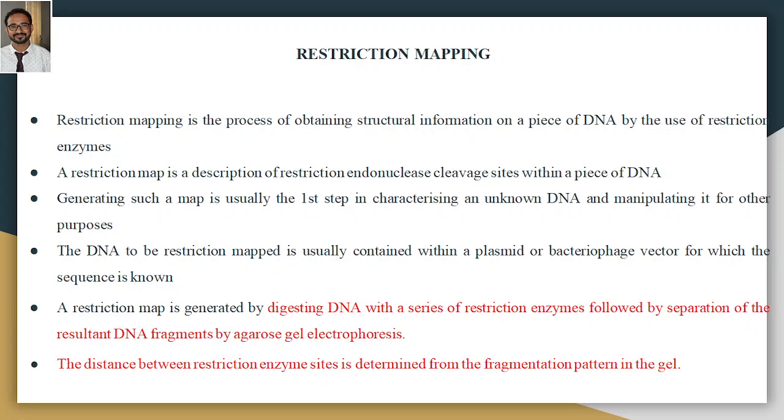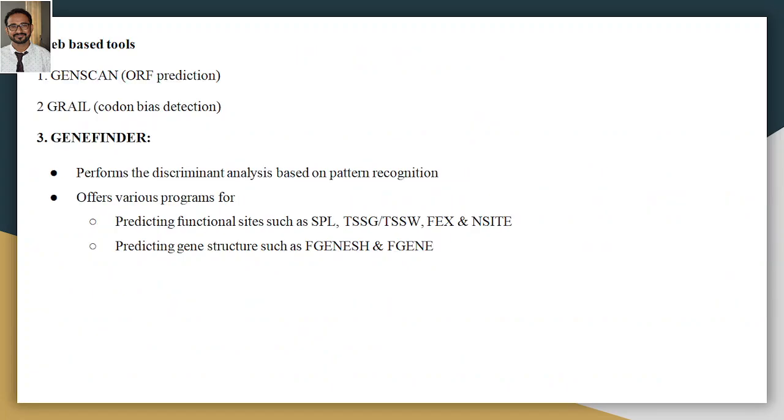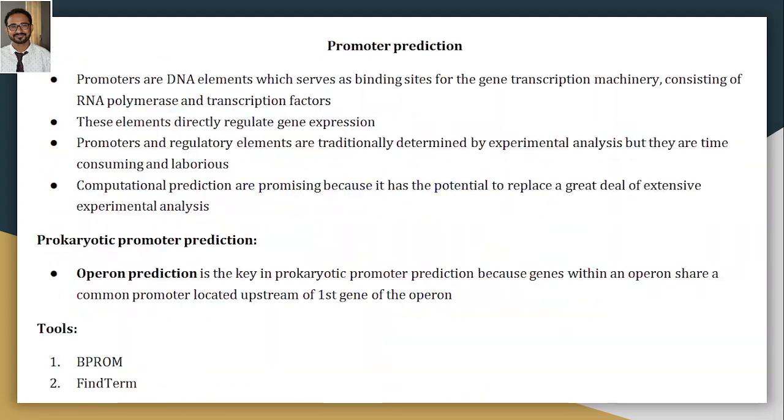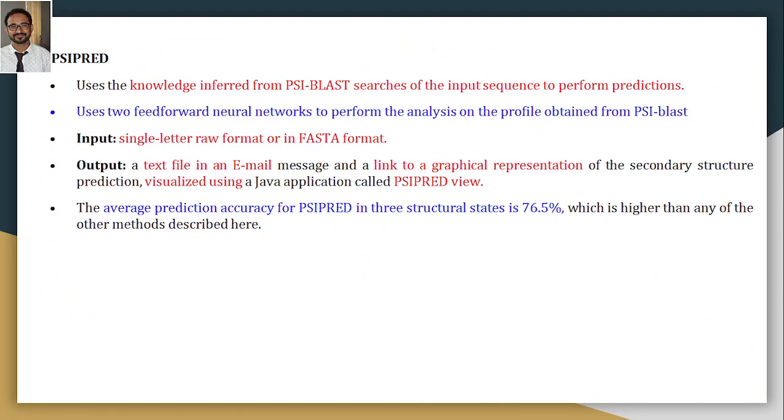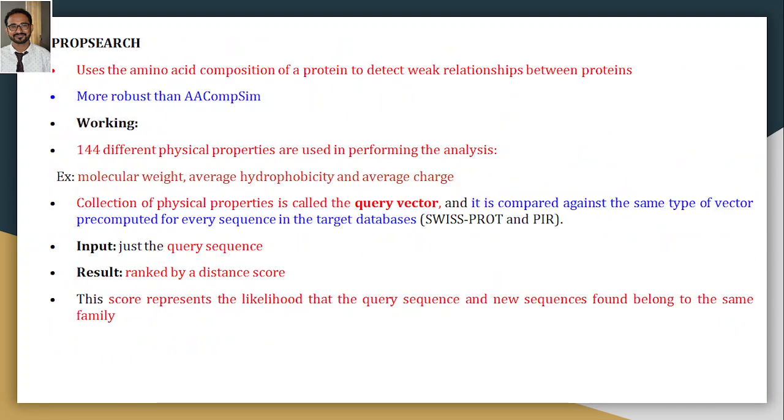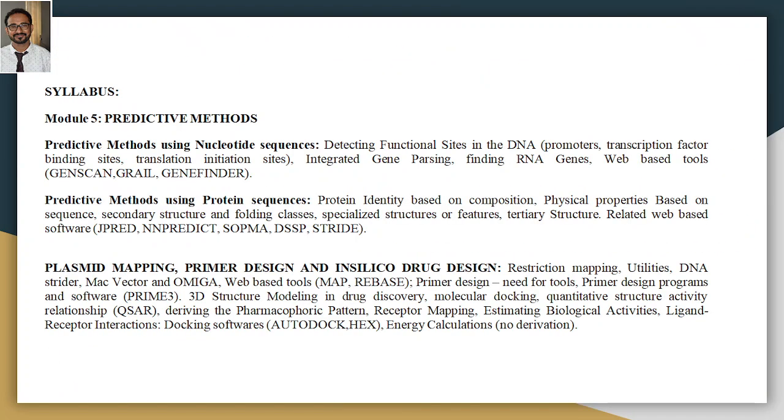Next topic, restriction mapping, we will discuss in the end. Before that, I guess we finished one of the major topics, that is predictive methods using nucleotide sequences. We have discussed detecting functional promoters, transcription, all these things, as well as gene parsing, finding RNA genes, and web based gene tools.